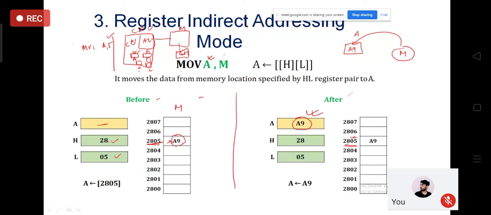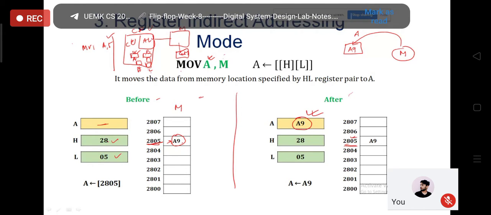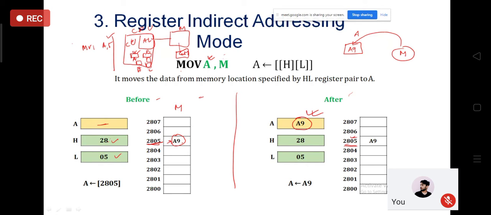So HL is basically the register that is going to contain the current address of the memory. Please note it down. The HL register is used to point out the current address of the memory. So this is basically the current address, because 2805 is showing this, right? Up to this point, is it clear?